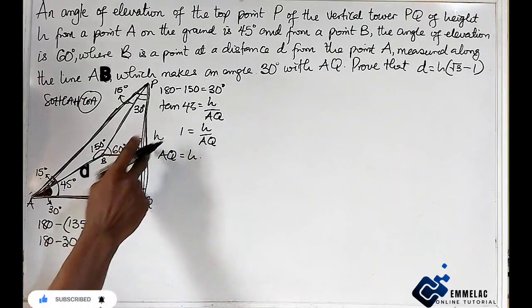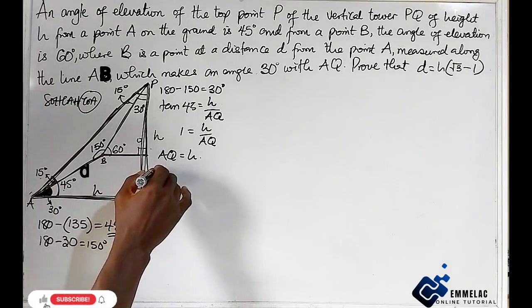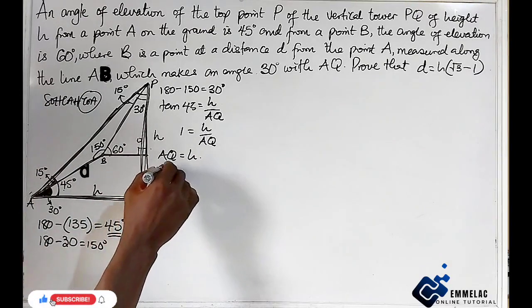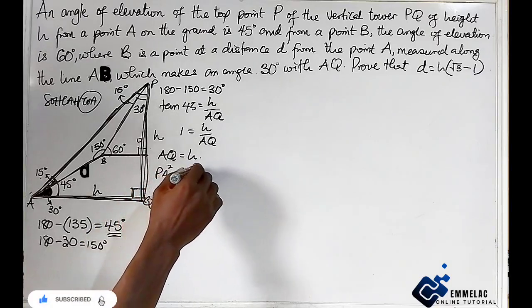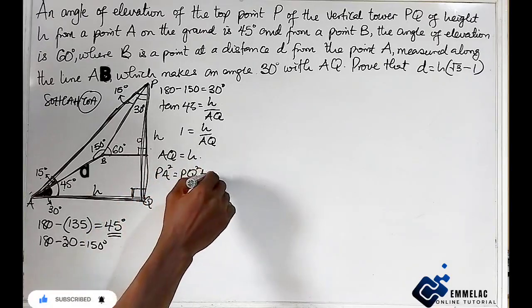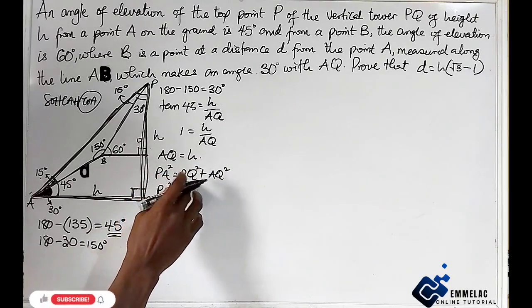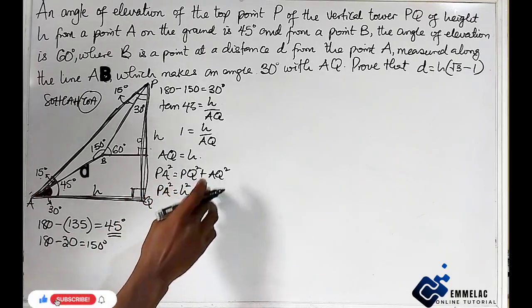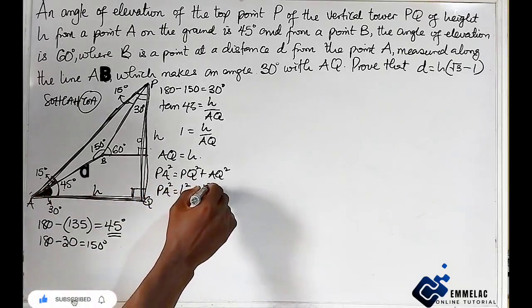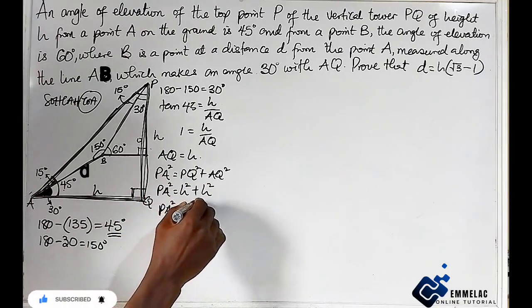Now that I've gotten this side and this side, still using the Pythagoras theorem, let us find the hypotenuse. Now the hypotenuse, which is PA, PA square will give us PQ square plus AQ square. Now PQ is h, so we have h square plus AQ square, which is h square, and that will give us 2h square.